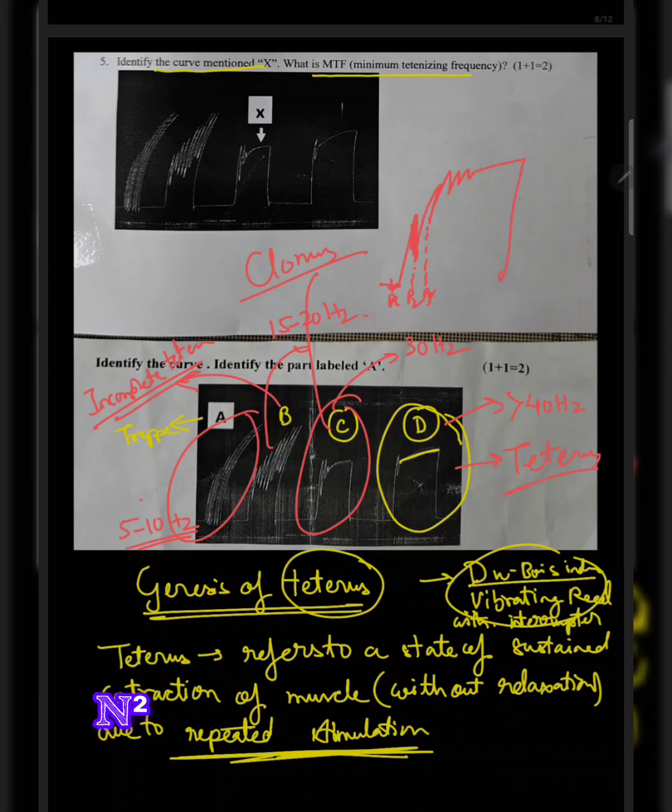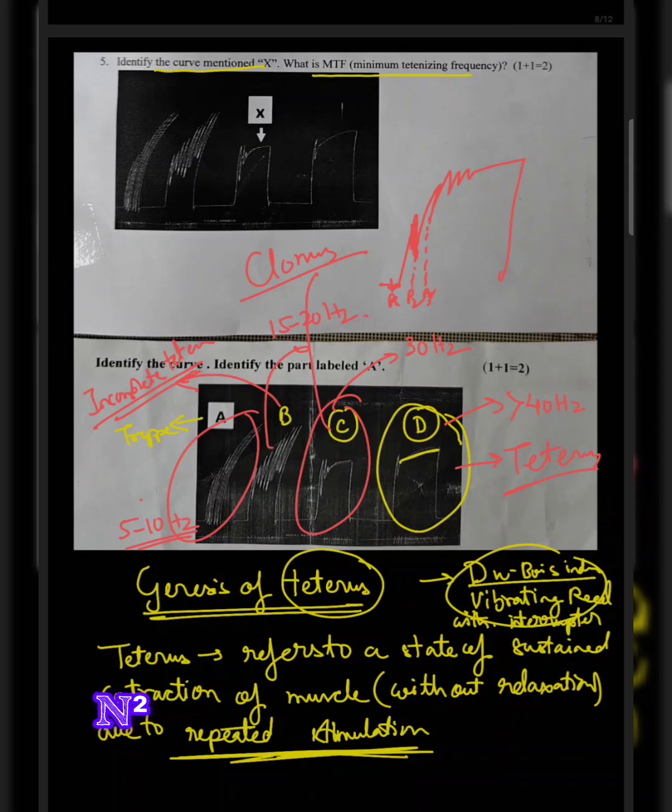So the next question is, what is MTF? What is minimal tetanizing frequency? I told you every muscle is different. Tetanus is achieved when we give a higher frequency of stimulation, that is, repeated stimulation has to occur. It will depend upon the length of the muscle and the diameter of the muscle.